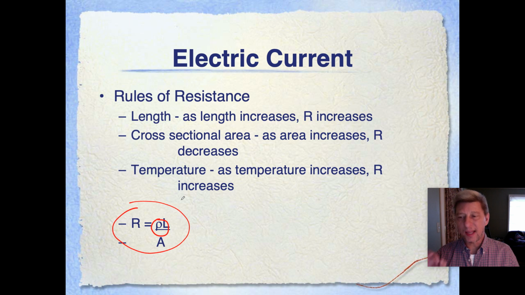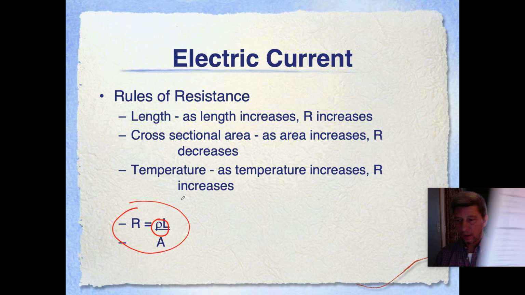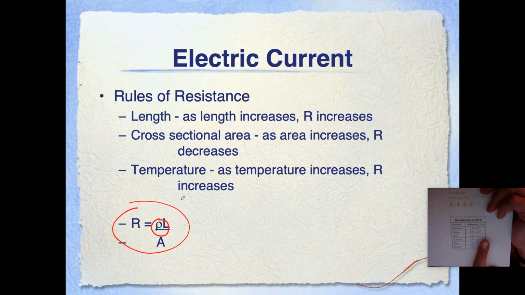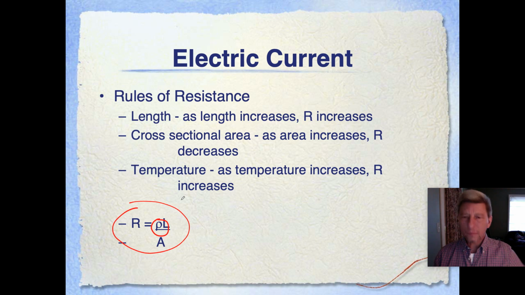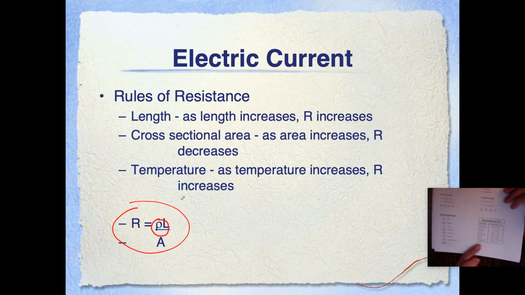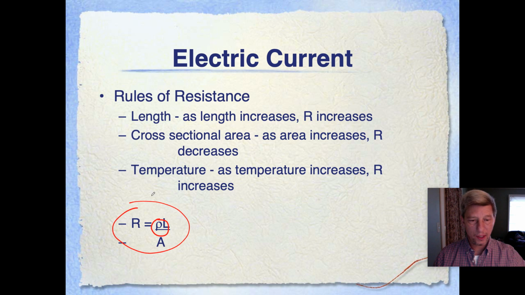And this is at a given temperature. As a matter of fact, once again, on your reference tables, in this corner, you see resistivity at 20 degrees Celsius for a number of given common conductors. And that's the number that you find on this table, the resistivity value that you see here.